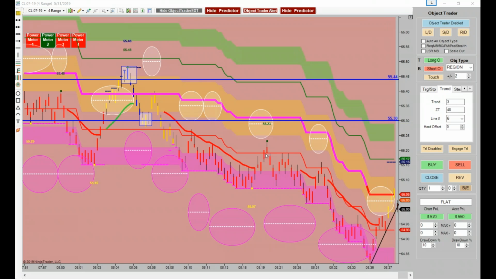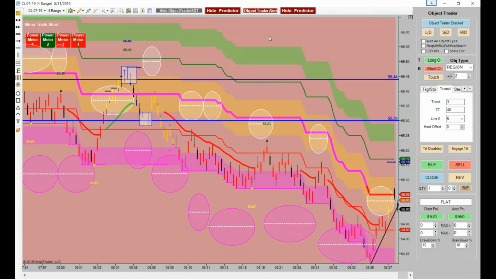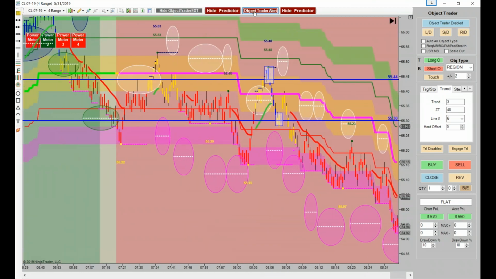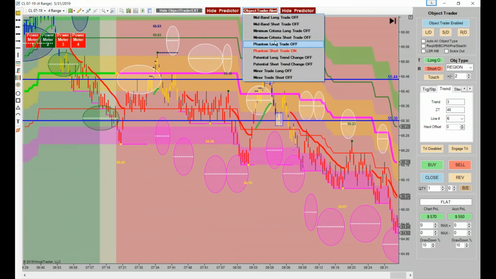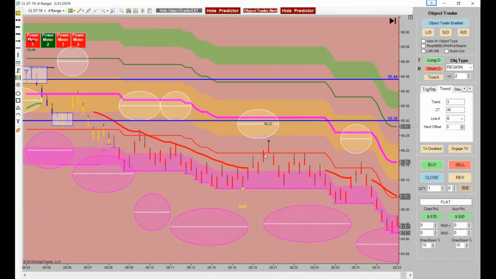This is your minimum criteria trade. Let me turn it on for you. Minimum criteria short. And we'll turn this one off. So let's see if we got minimum criteria short. Did I turn that one on? Oh, phantom, sorry. Minimum criteria short. There we go. All right, that's a minimum criteria short trade.